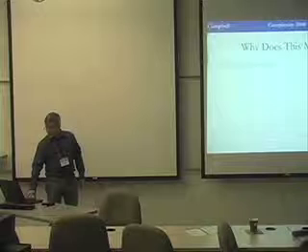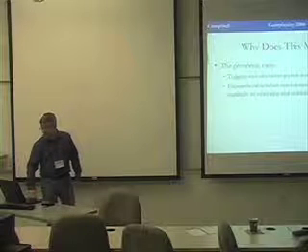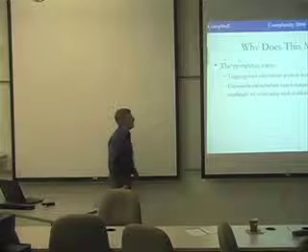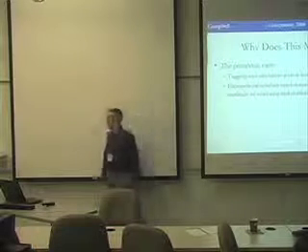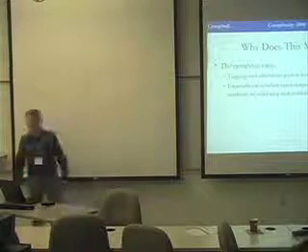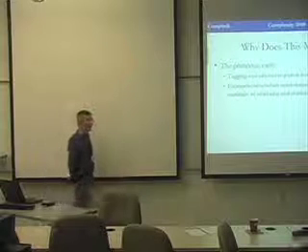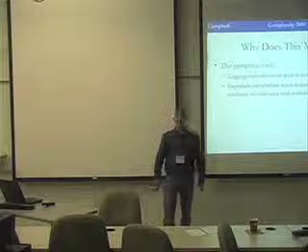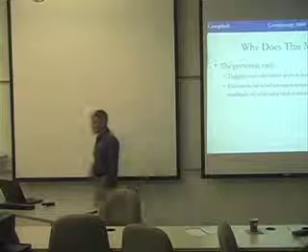Why does this matter? There are two reasons that it matters. One is what I call the pompous view, which is that there are a lot of very knowledgeable, good scholars out there who want to do interesting things with text, and they need better tools. They need to be able to do more.